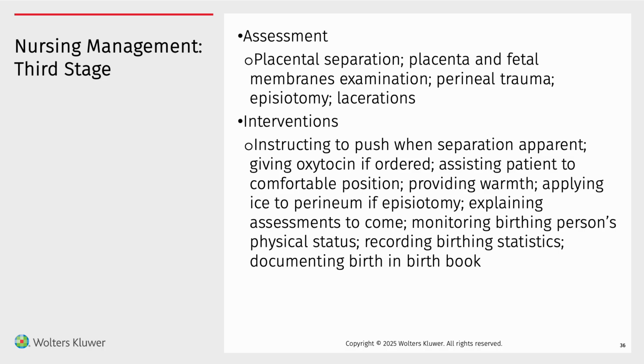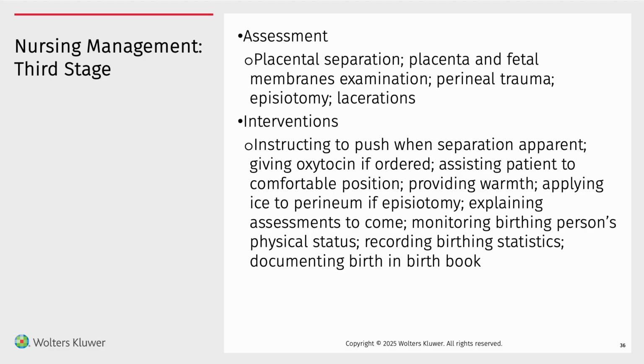This slide covers critical assessment and nursing interventions during the third stage of labor, which is the delivery of the placenta. First, carefully assess for the placenta separation, noting signs of a gush of blood, lengthening of the umbilical cord, and firm, rounded uterus.